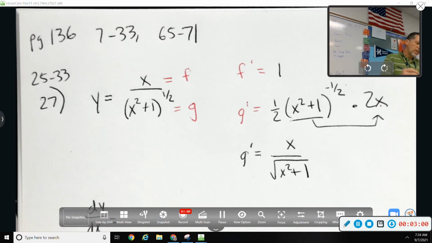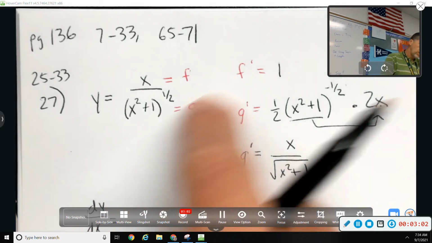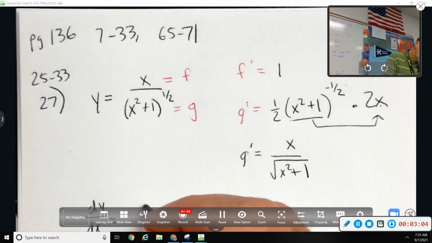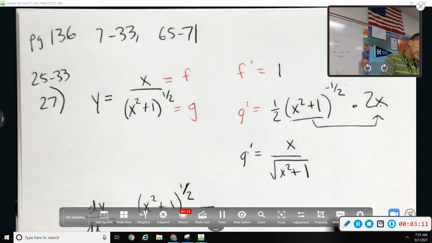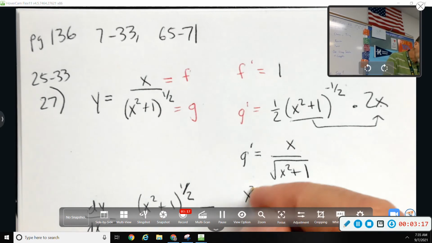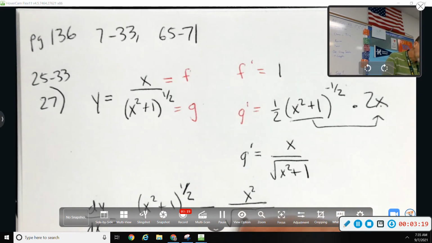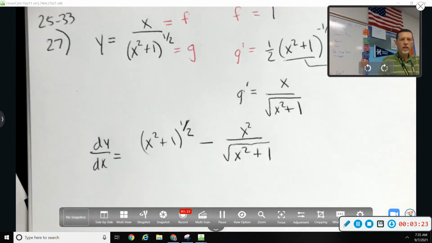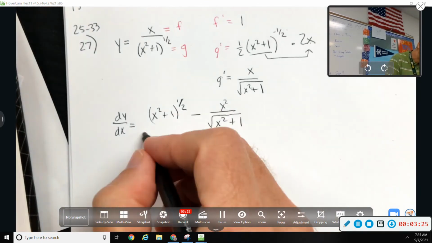So G F prime minus F G prime. So the x's will multiply. All over G squared.